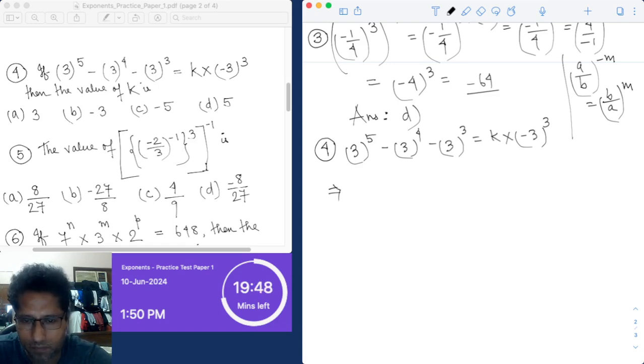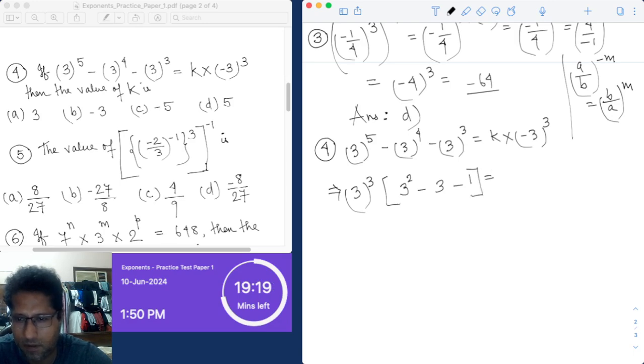Now I will not try to evaluate the value of all the exponentials, 3 to the power 5, 3 to the power 4, that will be extra time. I can see that there is a common 3 to the power 3. So I will straight away take 3 cube as a common factor, and this will be 3 square minus 3 minus 1 equals k multiplied by (-3)^3.